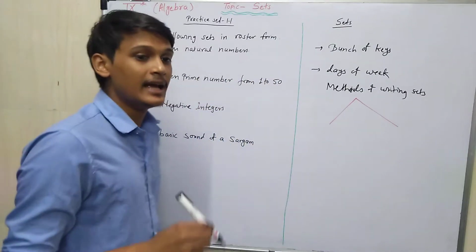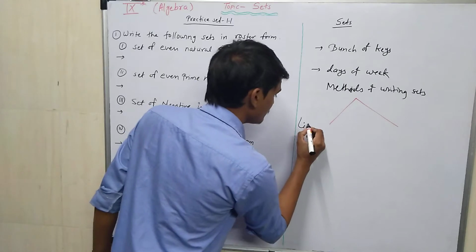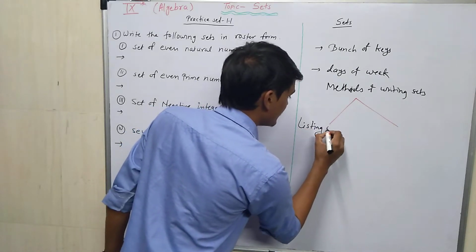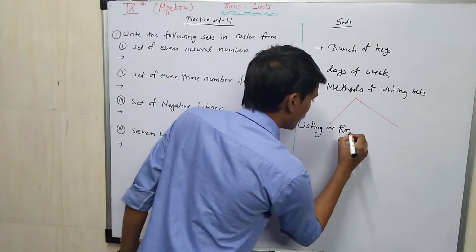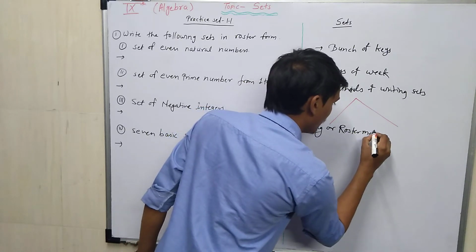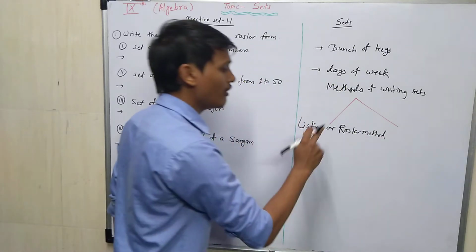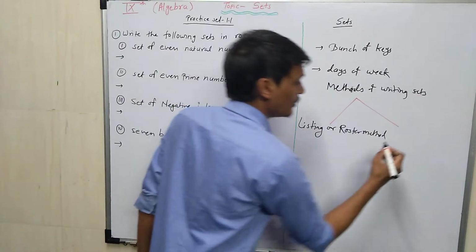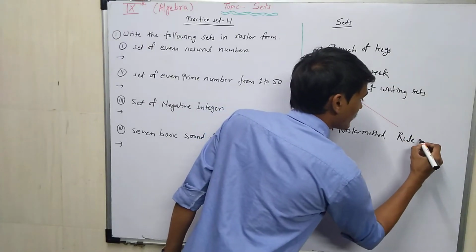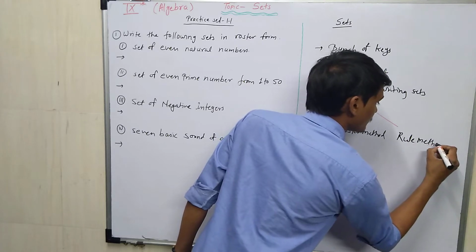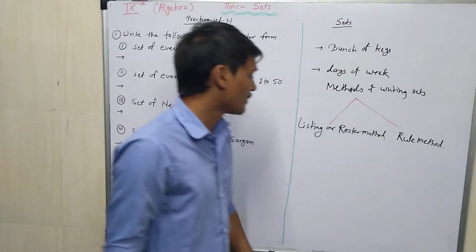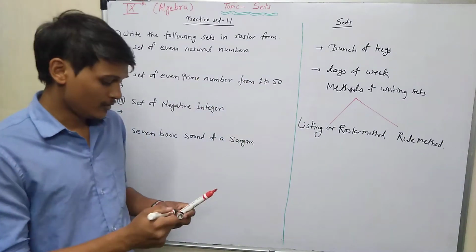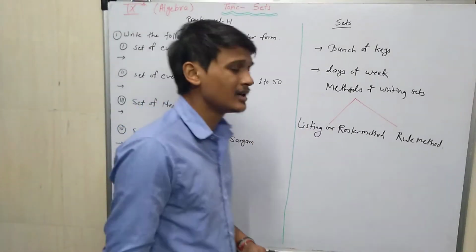First is the listing or roster method. Second is the rule method. Understood?